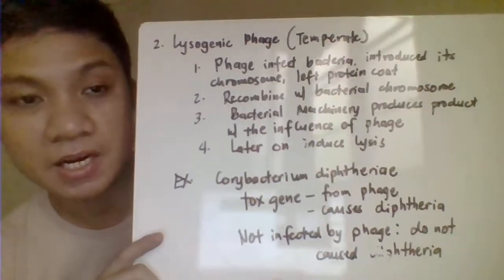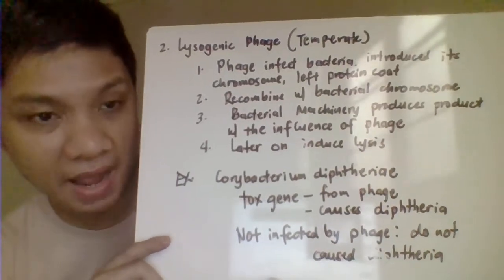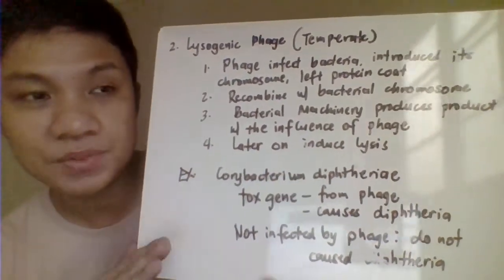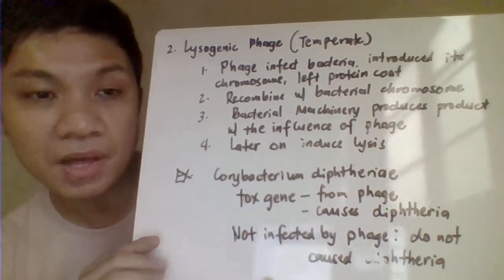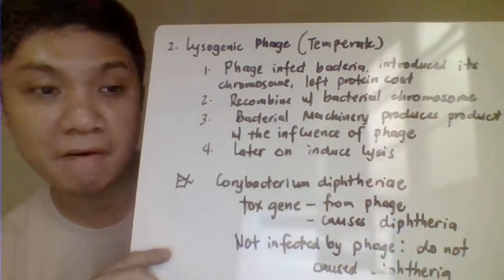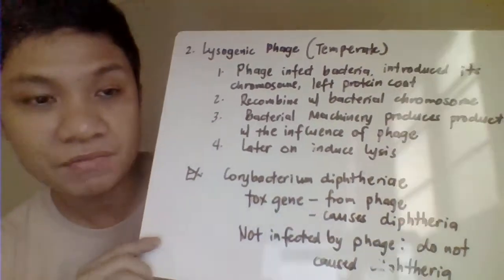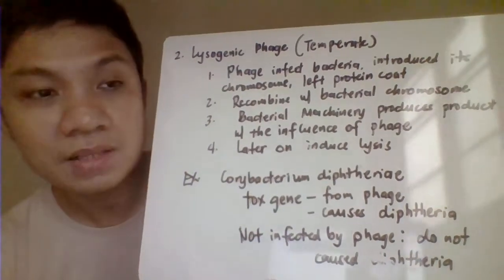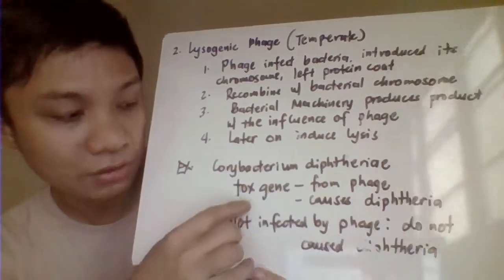This is a bacteria which causes your diphtheria. Okay, so the pathogenic Corynebacterium diphtheriae are those which have been infected by the phage. The phage itself introduces its chromosome containing the genes that code for the tox gene.